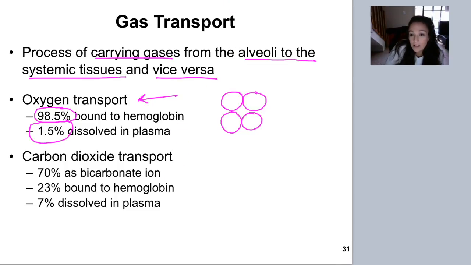And think back, what's in the center of each of these molecules to hold the oxygen? Just think back from lecture. What is actually in the middle here that holds the oxygen molecules? You might remember that it is a chemical group called heme. Heme. Okay. And there's one heme group in the center of each of these. So I'm just going to draw a blue square in the middle here to represent that. One heme in the middle of each of these subunits.